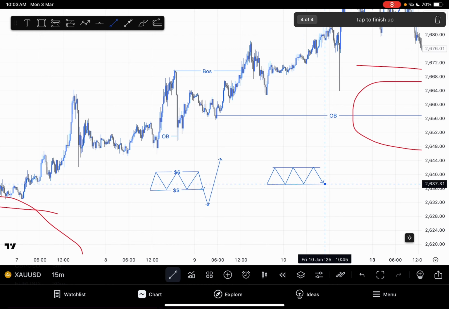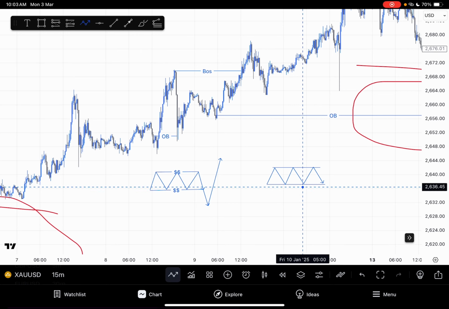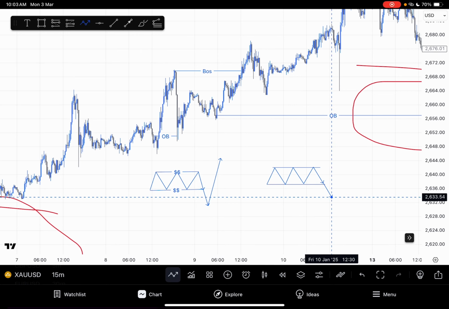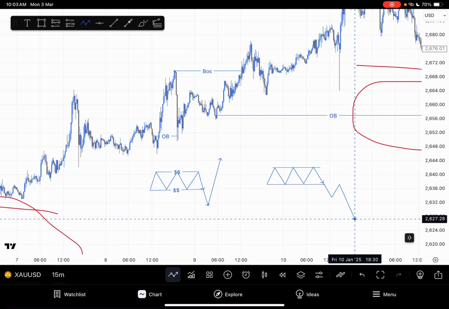And what they will be expecting is for price to break out, then expect price to retest, then push to the downside.